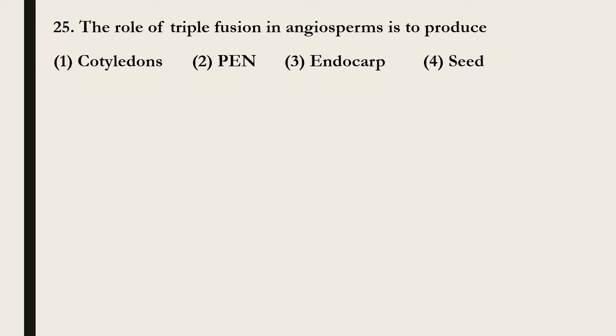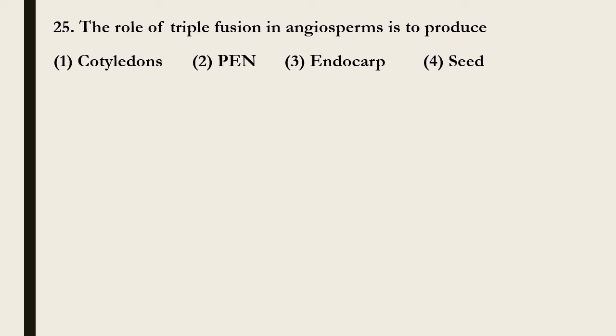Question number 25. The role of triple fusion in angiosperms is to produce: options 1. Cotyledons, 2. PEN, 3. Endocarp, 4. Seed.